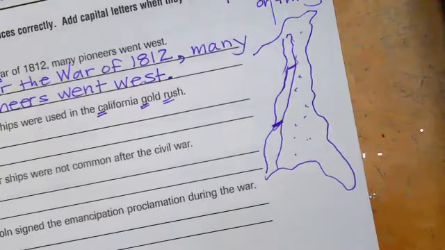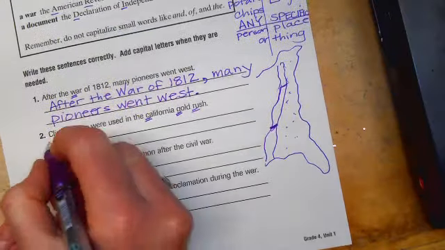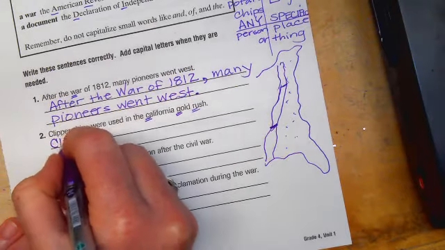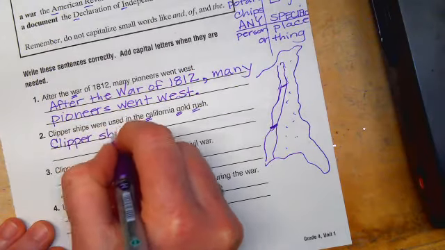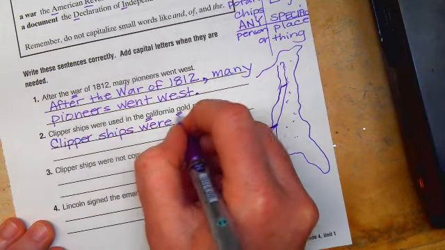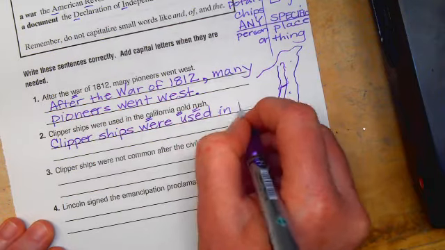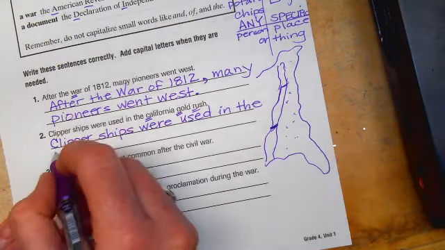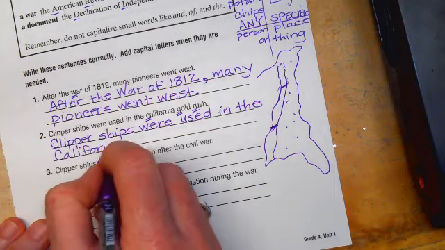So we're going to zoom in a little bit. There we go, a little too much. We're going to start out with Clipper ships. And we're going to capitalize California.